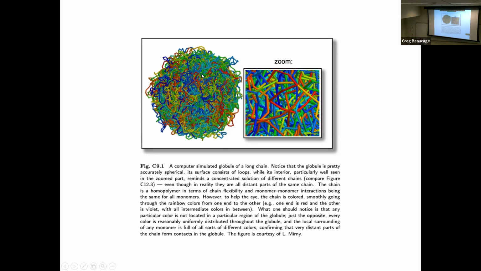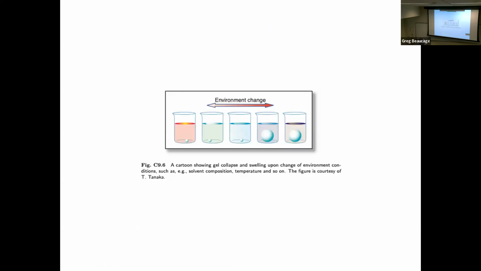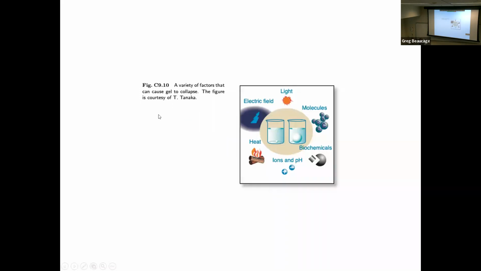It's a different model. Anyway, this is another picture, like this is used for drug delivery and things. So that's a picture of the size difference you might get. Tanaka is a Japanese guy, but he was a famous polymer scientist, and he did this gel expansion work with PNIPAM, poly-N-isopropylacrylamide, which was the main thing people were working with for drug delivery, because at around 30C it phase separates.